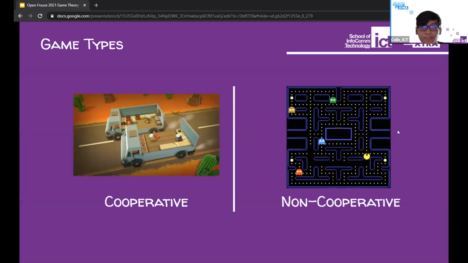Next, we have cooperative. Cooperative means that you have teammates to work with, be it bots or not, just like Overcooked in this example, which some of you may know. And non-cooperative means that you are playing alone, so you are a solo player.